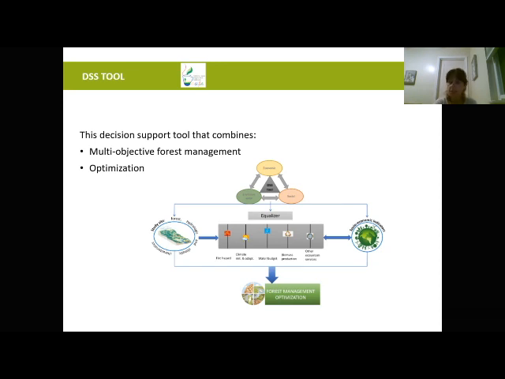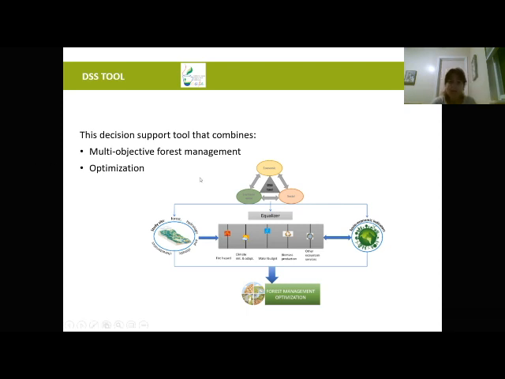So that's how we thought about this DSS tool. I like to keep this picture. It's not very nice, but it was just what came out of our heads in order to design this DSS tool, where you can see that it combines multi-objective forest management. So I don't have to go for just one goal anymore, and I can optimize my ecosystem services provisioning.